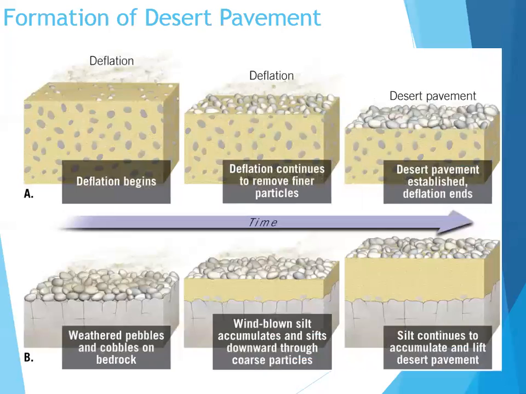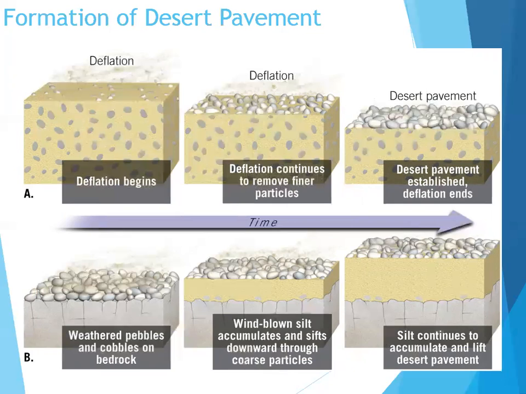This is our formation of a desert pavement situation. They usually form by deflation, like we see in the top picture, where wind blows away all of your fine particles, leaving behind the large particles as the desert pavement structure.